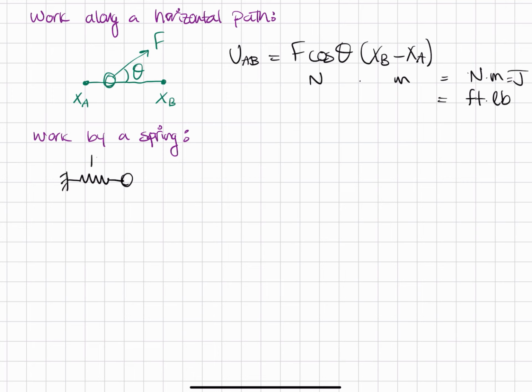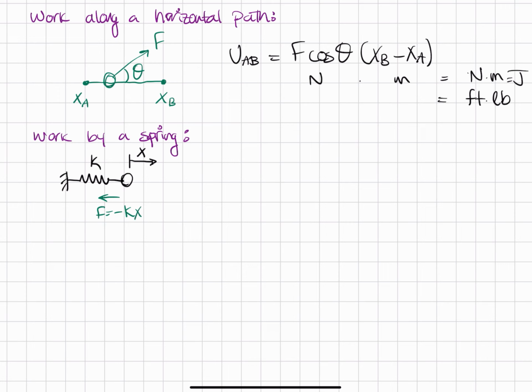The spring has a stiffness coefficient of K, and we could say that the particle is being moved forward in direction X, right? So if it's going forward in direction X, the spring is going to naturally want to pull back. So X is pushing forward. The reaction force will be F is equal to minus Kx.